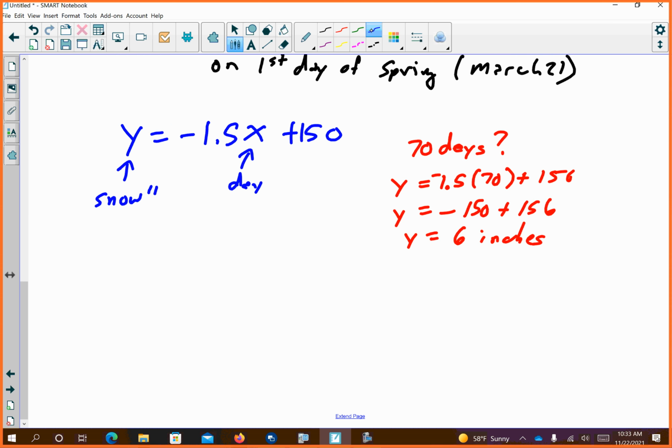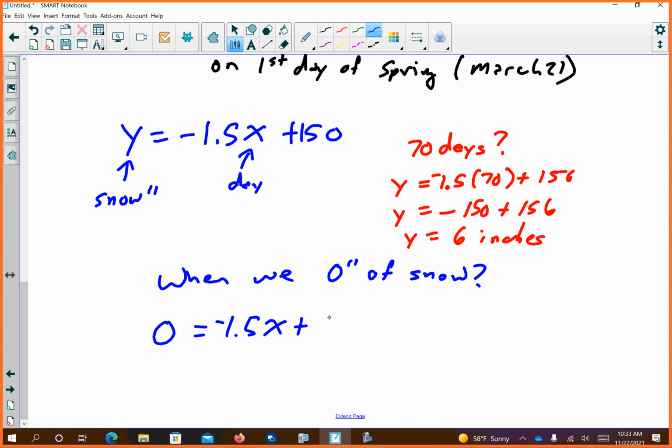Okay, so it's melting. Here comes summer. And then when would we have 0 inches of snow? So I'm going to take the 0, plug it into the y. Let's see, 150. Let's move the 150 over by subtracting it. Divide each side by negative 1.5.